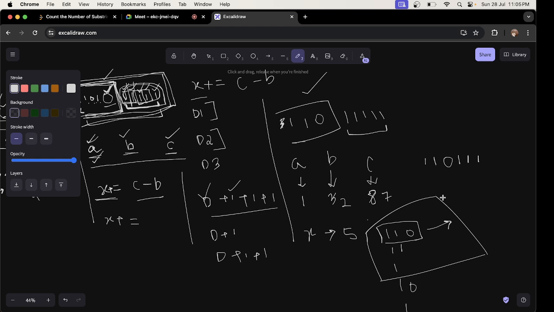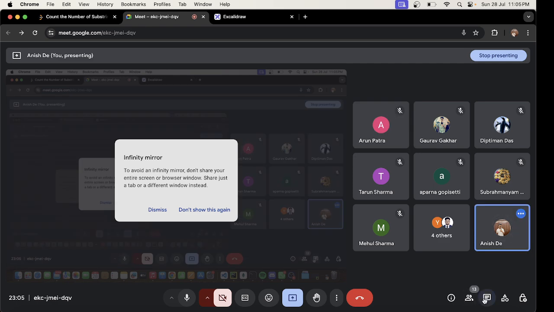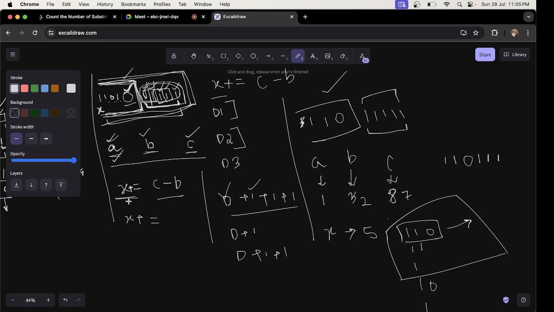So I will increase my dominant strings by a measure of 5 for every starting index. Clear? So that's what I am telling, that x will be increased by c minus b, which is 5.